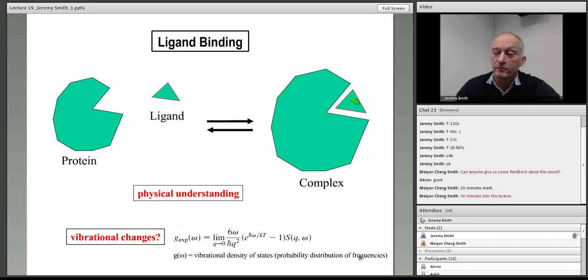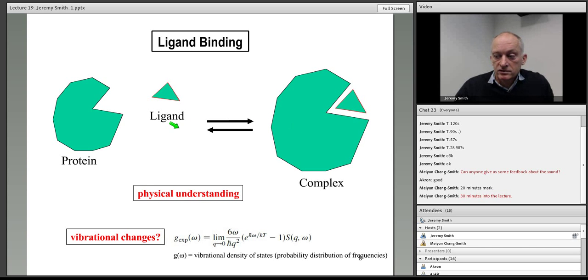Now when it forms the complex, those translational and rotational degrees of freedom are lost and become vibrations in the complex. You also form new interactions, and this modifies the matrix of vibrational force constants, modifying the vibrational spectrum. So in other words, what I'm saying is the vibrations of the protein change when the ligand binds.